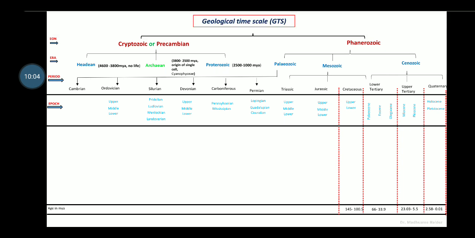Jurassic period started from almost 163.5 million years and ended with 201.3 million years, while Triassic started from 237 million years and lasted to 251.9 million years.